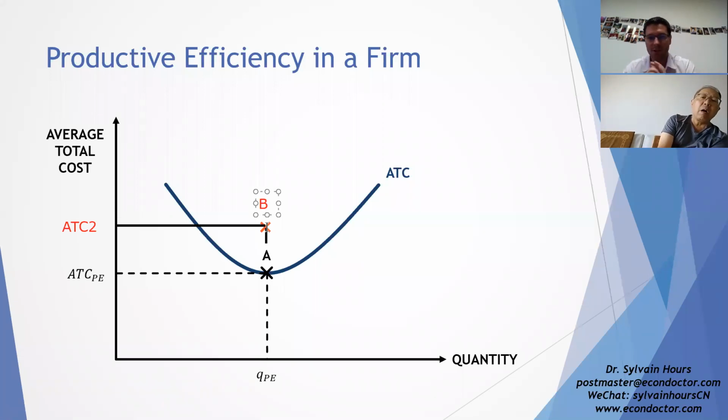Technical inefficiency, just to give a very simple summary, is when you have hired a certain combination of inputs. You have, let's say, 10 workers, 5 machines, but you do not use them to their full potential. Perhaps there is a machine that can produce up to 1,000 toothbrushes per day, but it only produces 500 toothbrushes per day.